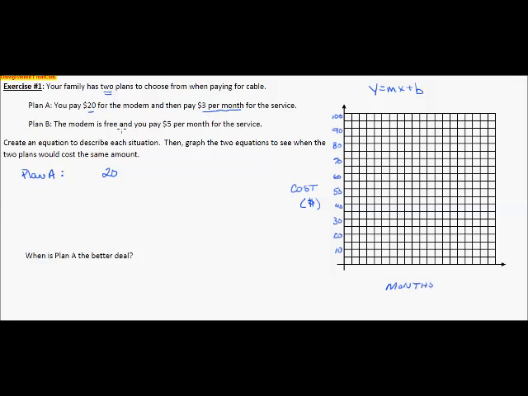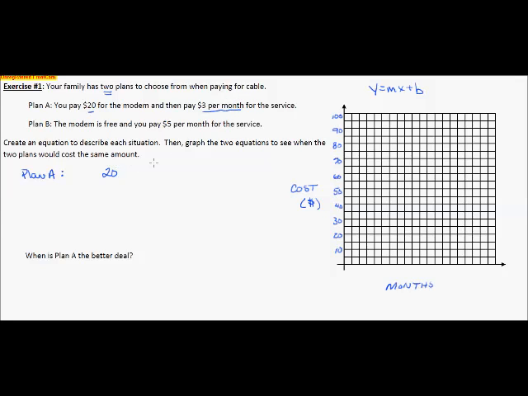Alright, and if you read down the rest of this, we're looking for the total cost of what your cable is going to cost over the long run here.